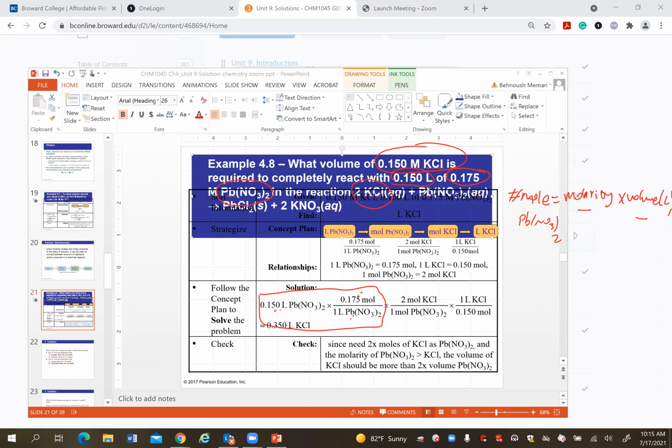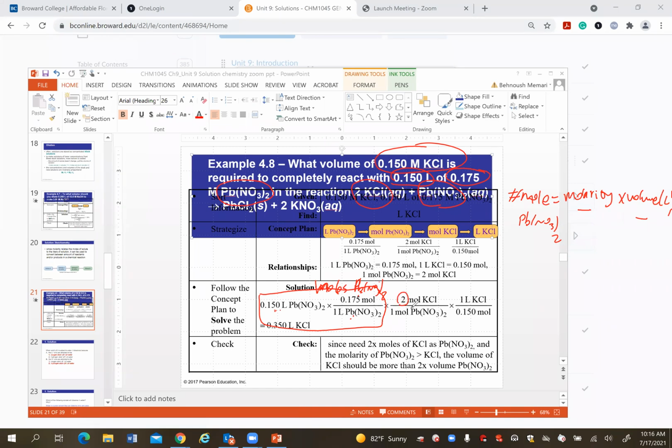How are moles of lead nitrate and KCl related? For every 1 mole of lead nitrate, I need 2 moles of KCl. So I have moles of lead nitrate, and then I multiply by 2.